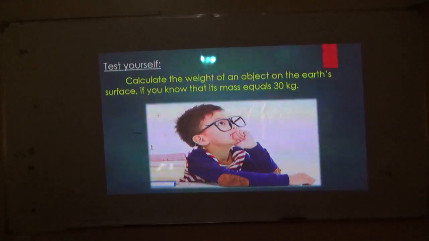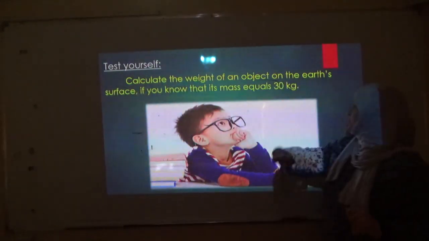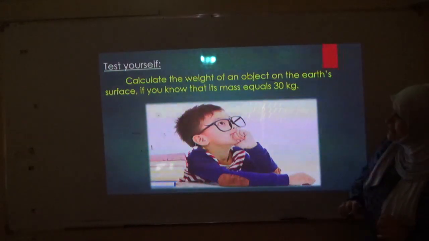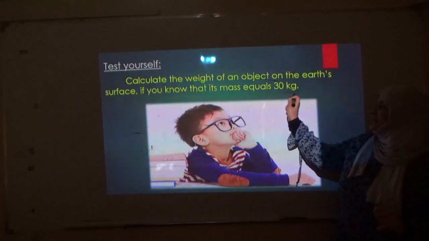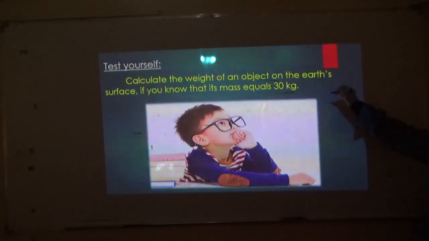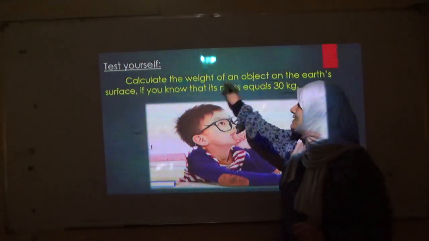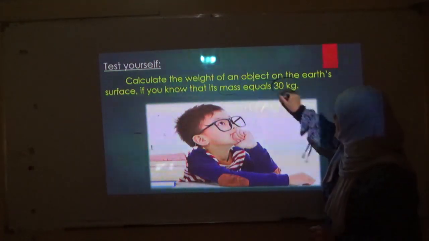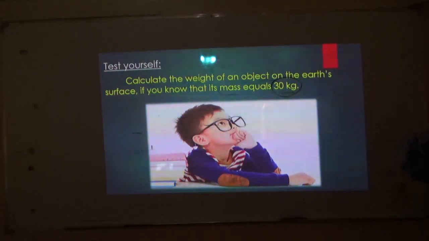Okay, let me help you. Calculate the weight of an object on the Earth's surface whose mass equals 30 kilograms. I said before you answer the question, you should be sure that the value of mass is given in kilograms. So I can answer this question in only one step.